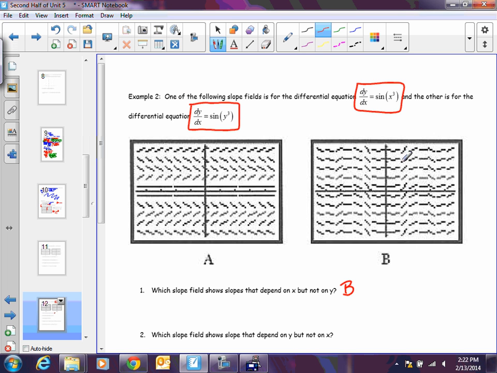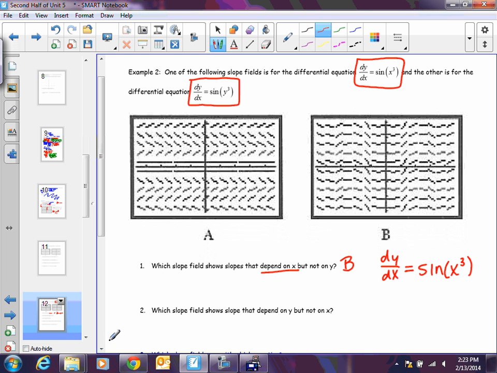Or I don't know if that's 1, but whatever it is. So y doesn't matter on slope field B. So if we only depend on x, which of these two must this be? Which one of these only depends on x? Of course, the one with x. So that's dy over dx equals, I'm kind of answering question 3 here, but there we go. You see how I'm getting that?